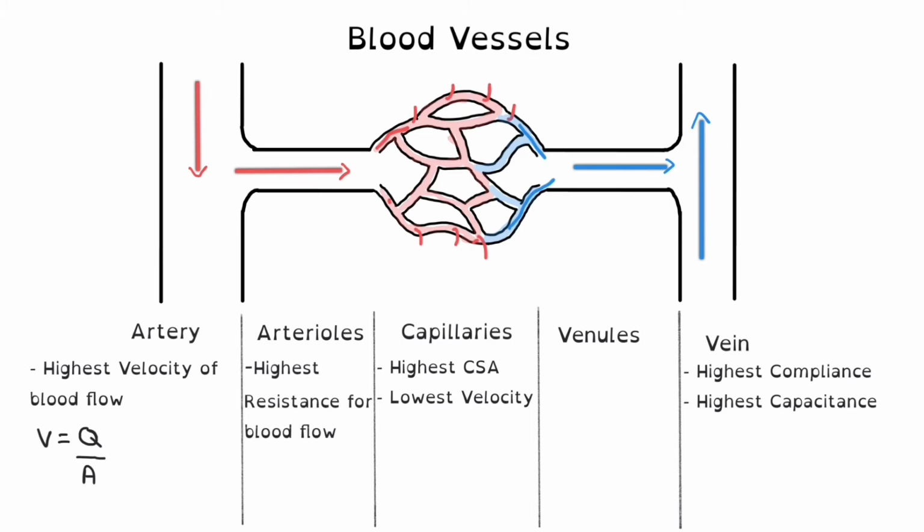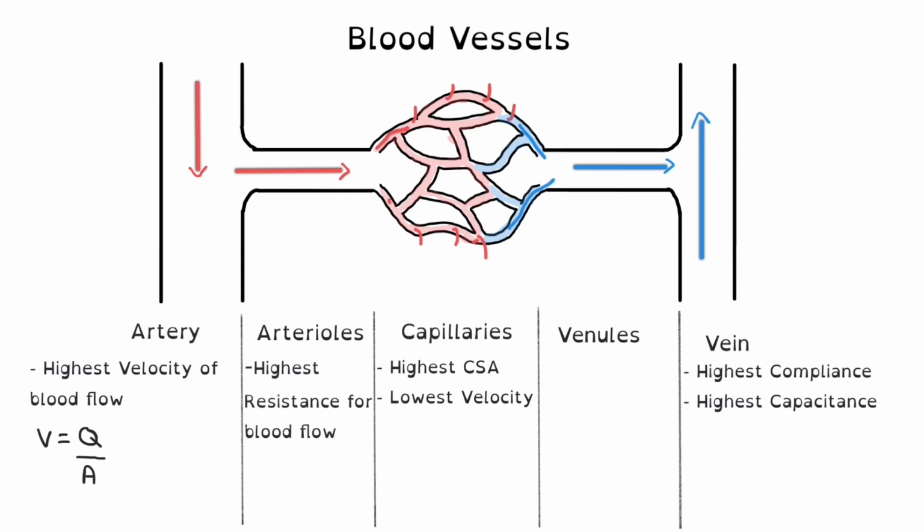The key important things to know about our veins is that they're going to have the highest compliance. And remember, compliance is the change in volume over the change in pressure. Another important fact to know is that our veins are going to have the highest capacitance.